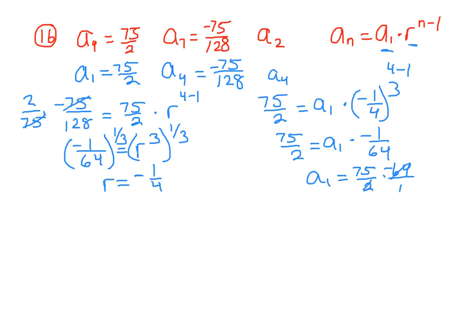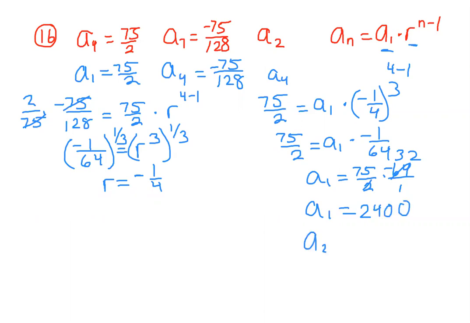a1 equals 75 times 32, is that right? Equals 2400.